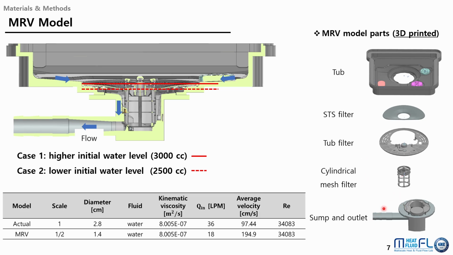All components were fabricated using a 3D printer, and the entire model was reduced to half of the real size to fit inside the MRI bore. We tested 2 operating conditions, which were distinguished by the initial water level, one with a higher level and the other with a lower level.